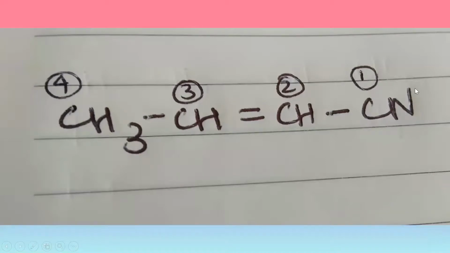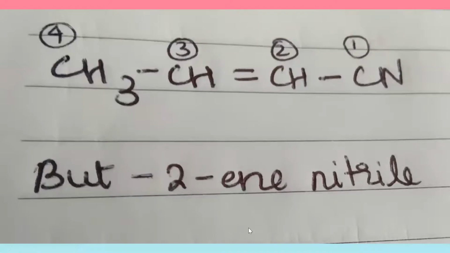That is, cyanide gets the locant number 1 and the double bond gets the number 2. And so the cyanide will become the principal functional group. The name here goes like but-2-ene nitrile, because the suffix for cyanide groups is nitrile.